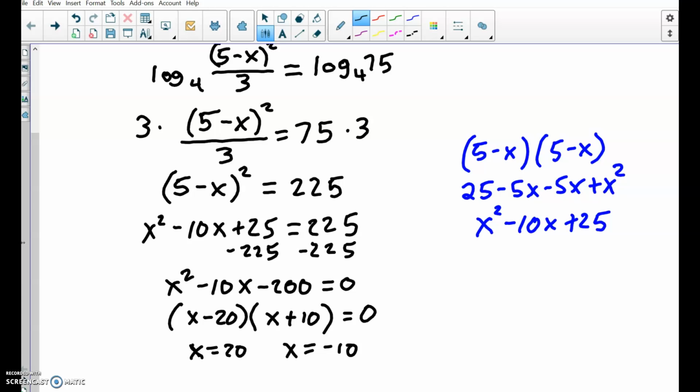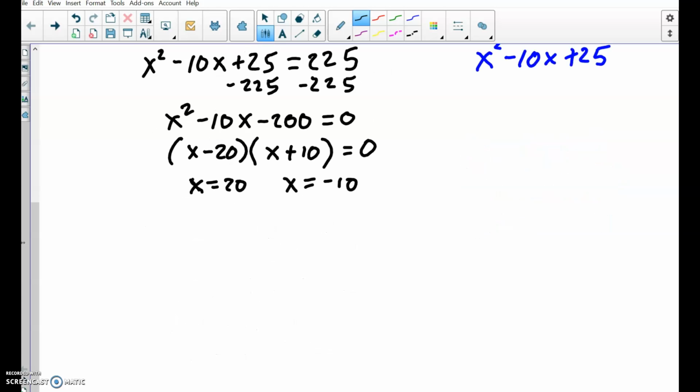We need to go ahead and check our answer. So let's do a different color for checking. It's really important to check your answer with logarithms because their domain is restricted, and we need to make sure that we're operating within the domain.